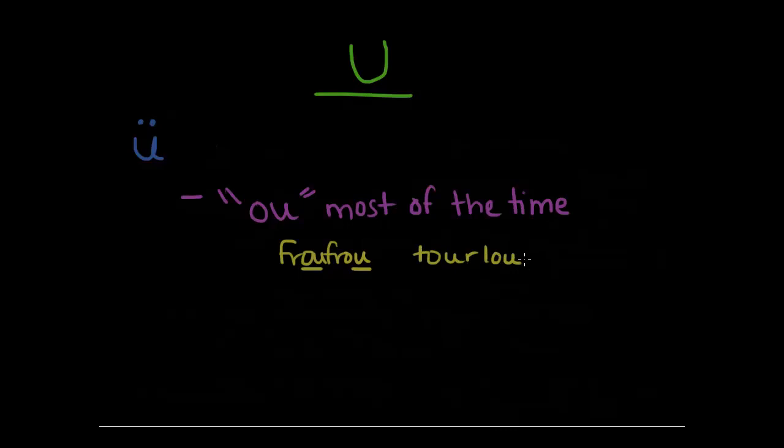Or no, got it 3 times actually. So I'm not sure this really counts because it's not really an oo sound, but it's there 3 times. Another one, bouffon. There's a lot. This is just to show that it happens a lot.